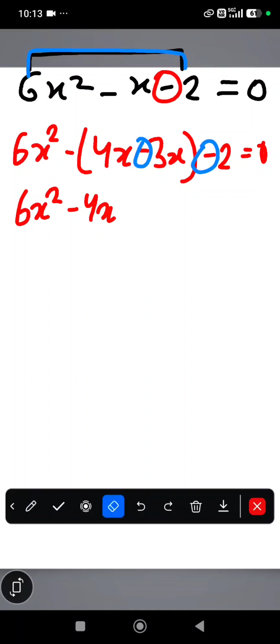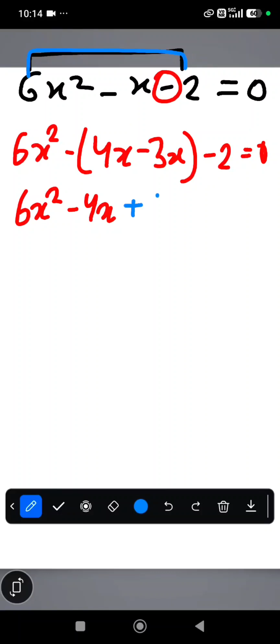For the rest, you can do it directly also without the bracket. No issue.